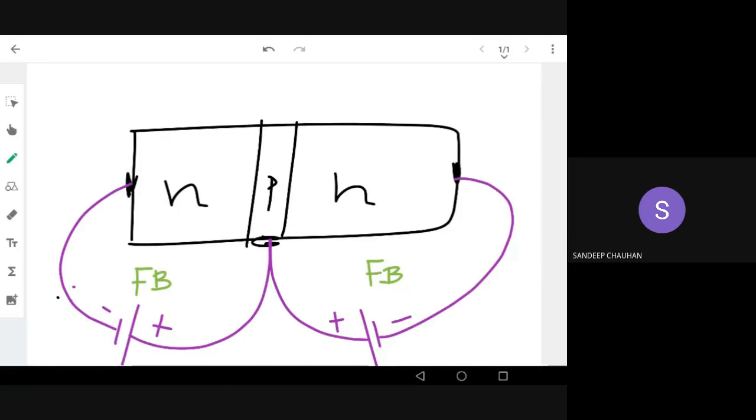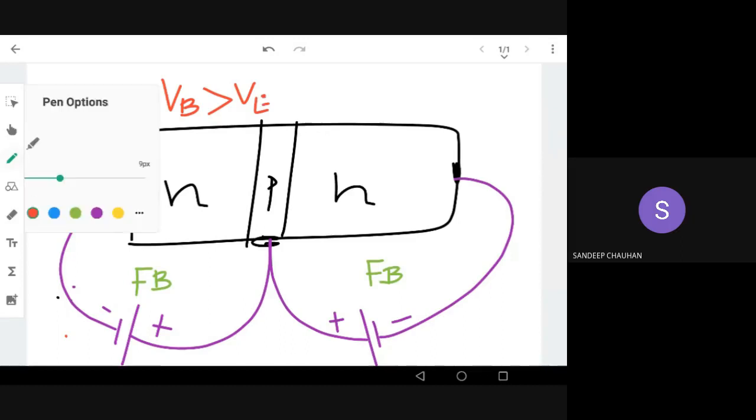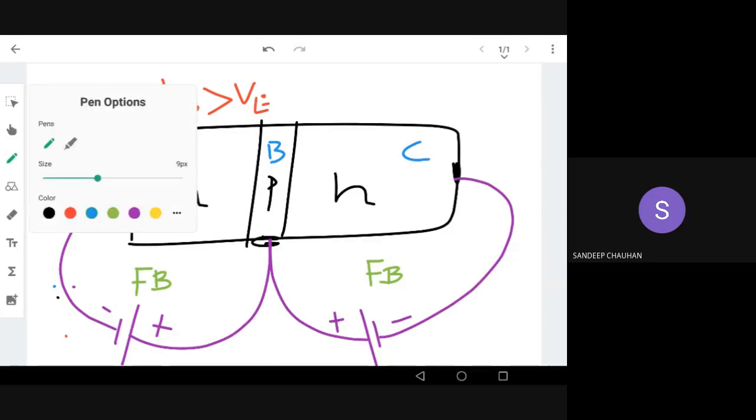So here, if we see the voltage magnitude, we know VB, the voltage at the base, is always greater than the voltage at the emitter, right? This is emitter, this is base, this is collector. So this is one condition. What is the second condition?